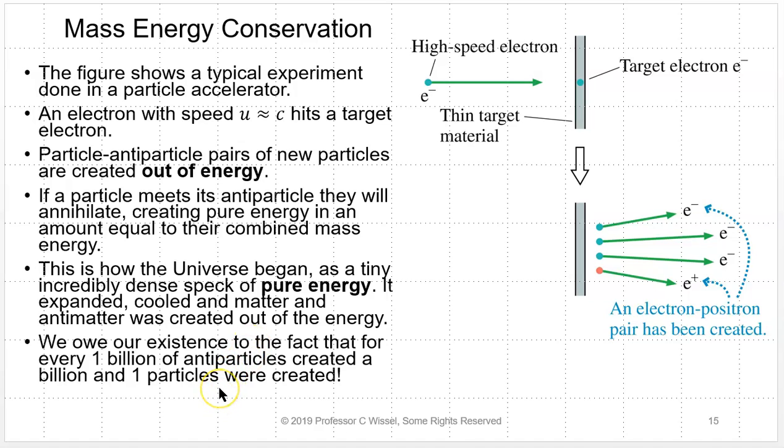But in the early universe, for every 1 billion antiparticles that were created, 1,000,000,001 particles were also created at the same time. That 1 in a billion particles of ordinary matter became the universe that we know and love today. So we owe our existence to the fact that for every billion antiparticles that were created, 1,000,000,001 particles of ordinary matter were also created.